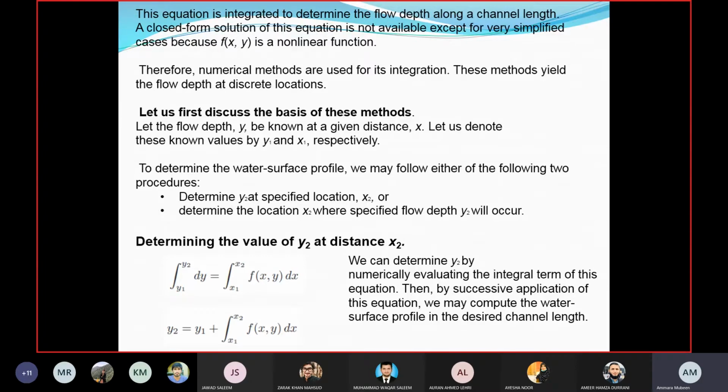The first method is where the location x2 is known, and you have to determine y2. The second method is where the depth is known to you, and you determine the distance x between those depths.